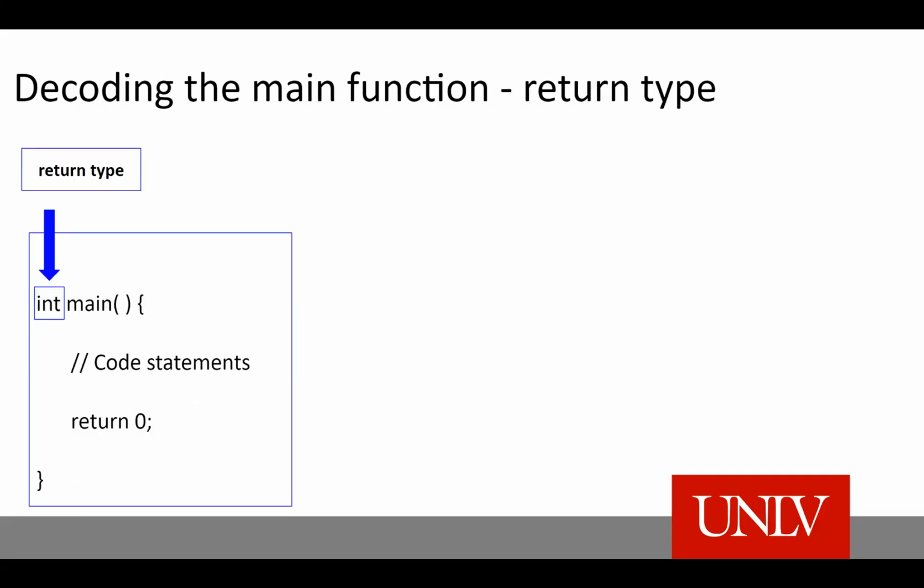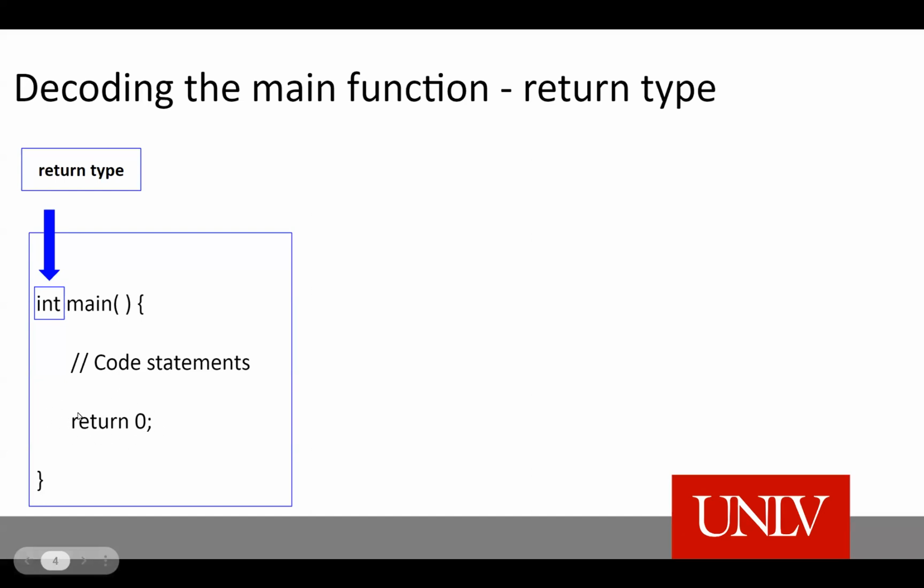Let's start with the first item, int. We know that int is a representation for the integer data type. So maybe this int is signifying that something is being returned by this main function. And whenever we say something is returned by a function, we write this return keyword.